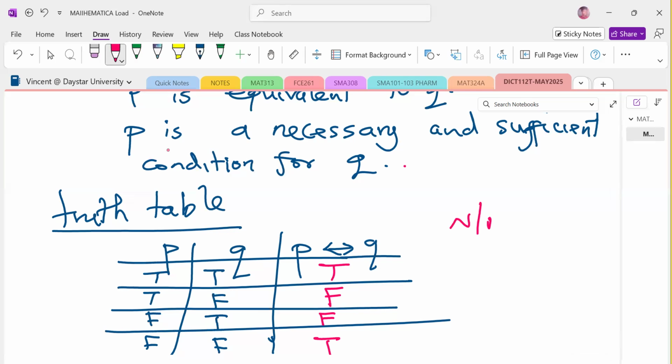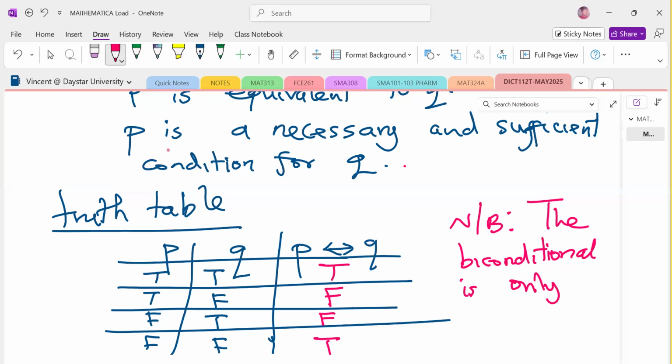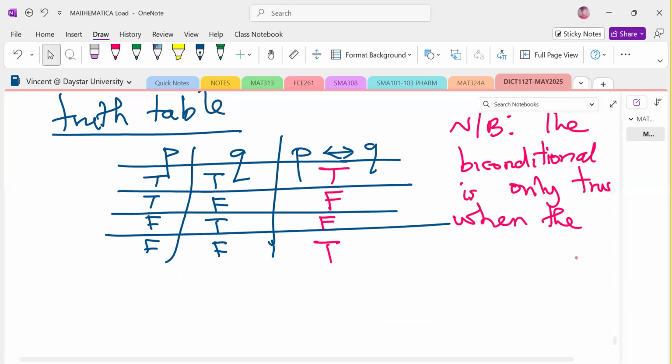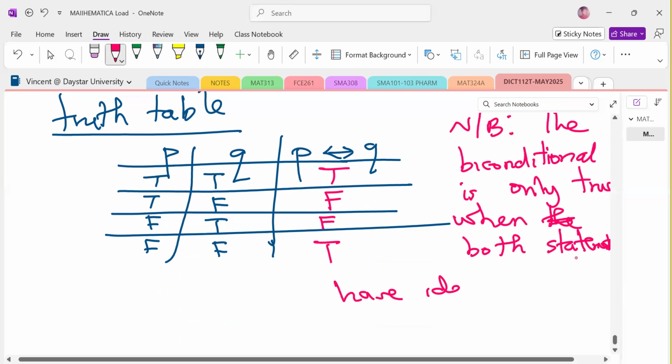And then the note NB we put here is that the biconditional is only true when the two statements, or when both statements, have identical truth values.